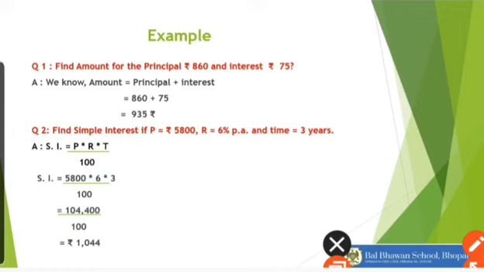When we find the final calculation, we get 1044, which is my simple interest. The calculations you can do by cancelling the values in the numerator and denominator. So whenever a question comes in which they are asking for the simple interest, simply substitute the values of principal, rate and time. Do the calculations, and you will get your answer.